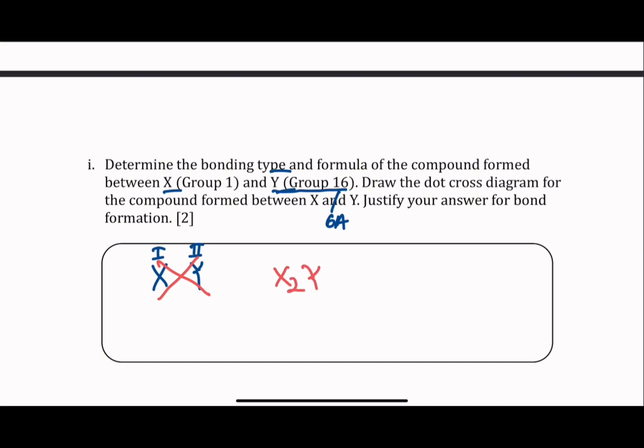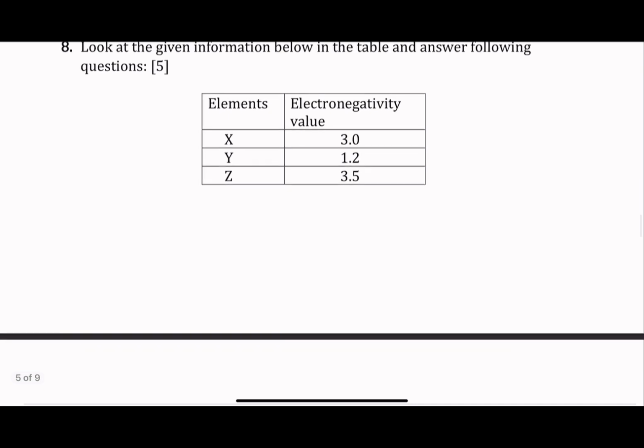It says draw the dot cross diagram for the compound formed between X and Y. Justify your answer for bond formation. Now, when we check the X and Y, we can see that their electronegativity difference is 1.8. Exactly 1.8 or more than 1.8 is going to be ionic bonding.